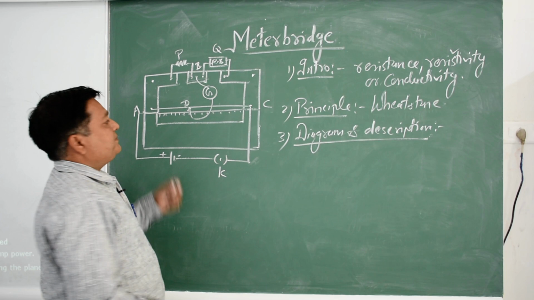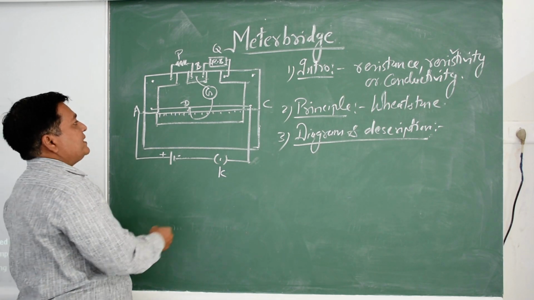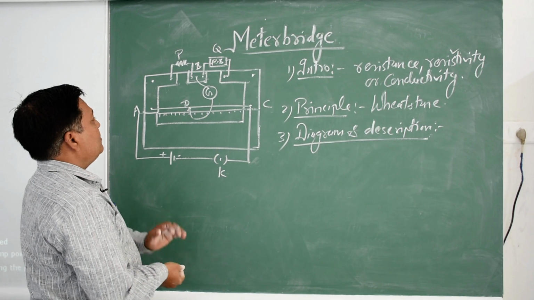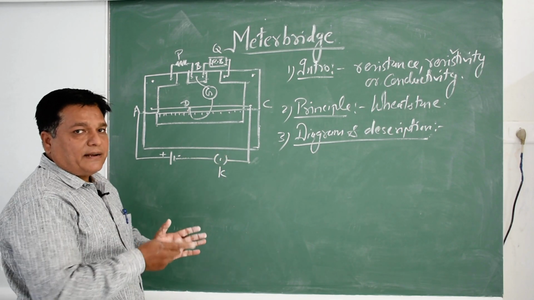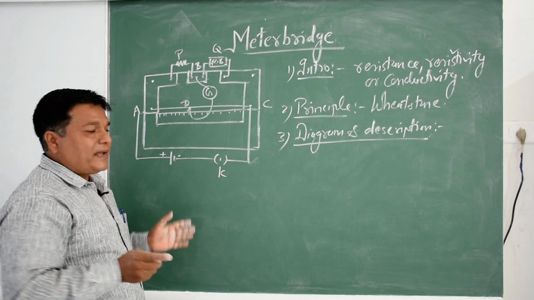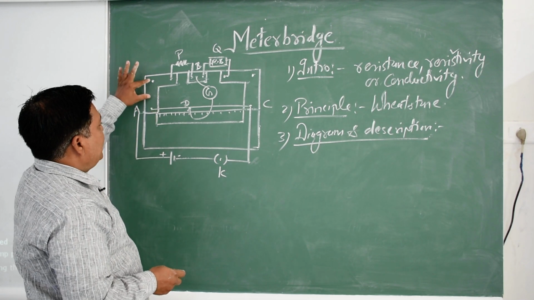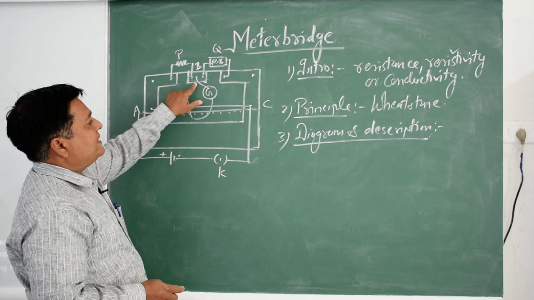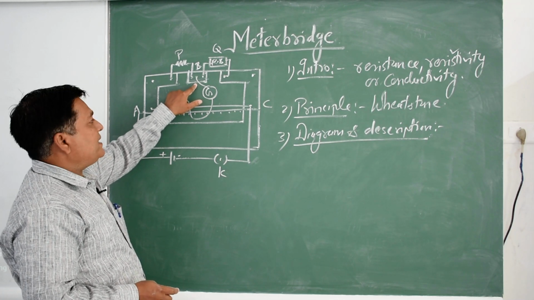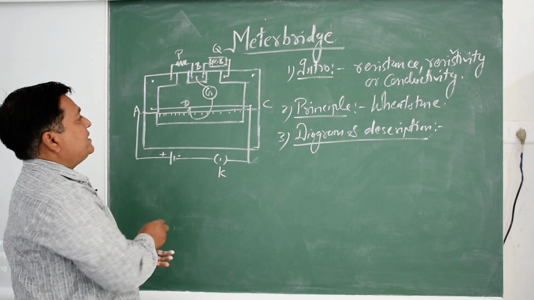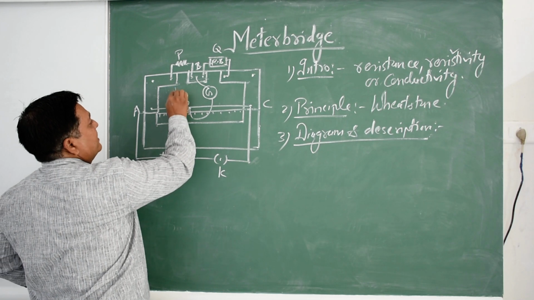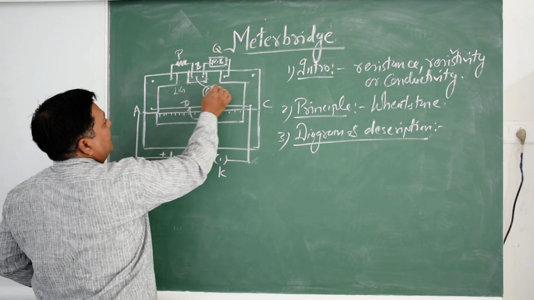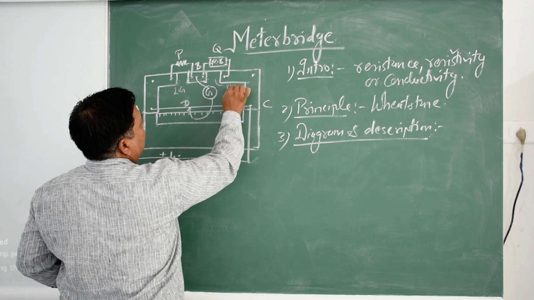This is the diagram. We can see here this meter bridge is made on a rectangular wooden plank. On 2 sides, L shaped metal strips are there. At the center also there is a metal strip, a brass strip. 2 gaps are there. This is the left gap, and here we call it the right gap.